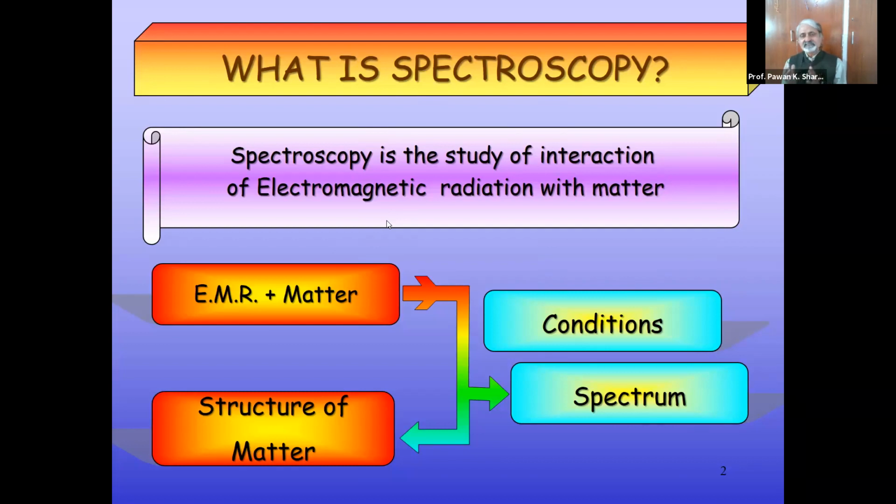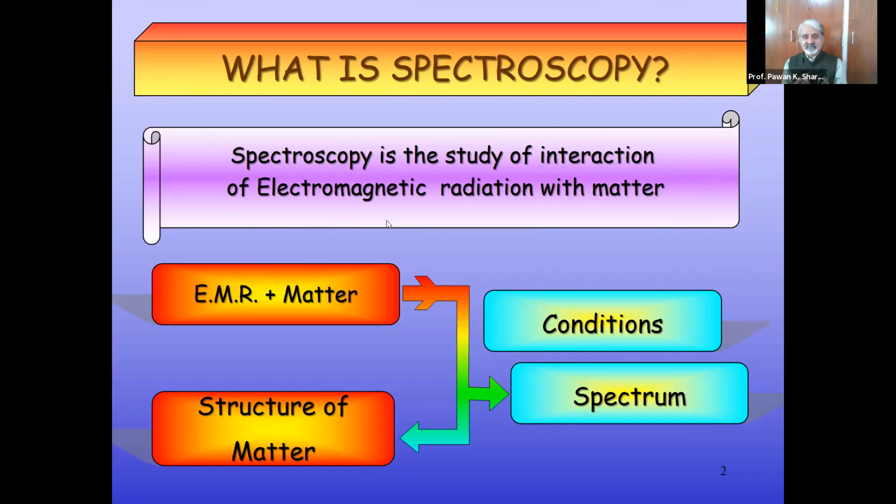And under certain conditions, there can be many phenomena like absorption, emission, scattering, or whatever. But under certain conditions, something happens between the electromagnetic radiation and matter. And we get an output, what we call the spectrum. And from this spectrum, it is our smartness what information we can extract out of that spectrum.